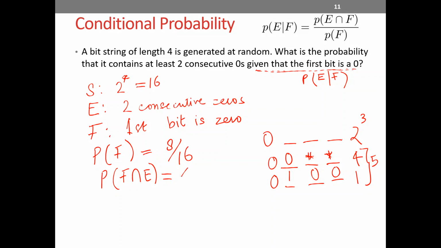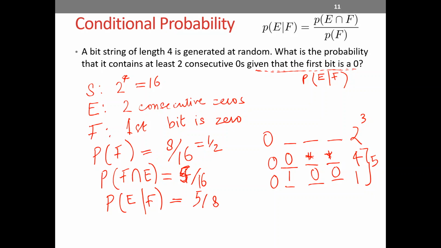There are total 5 of them over 16. And so by definition, the probability of E given F is 5 over 16 divided by 1 over 2, because this is 1 over 2 obviously. And that gives us 5 over 8.